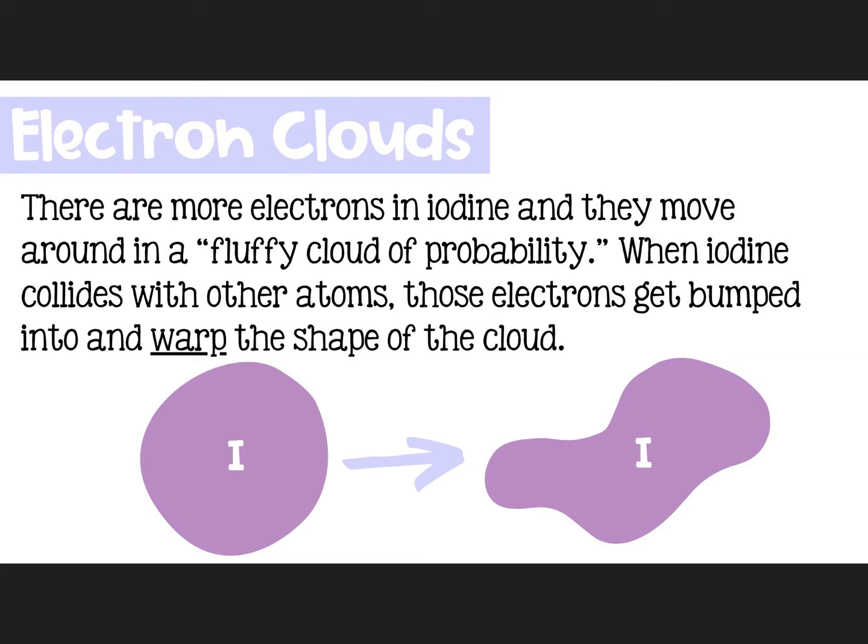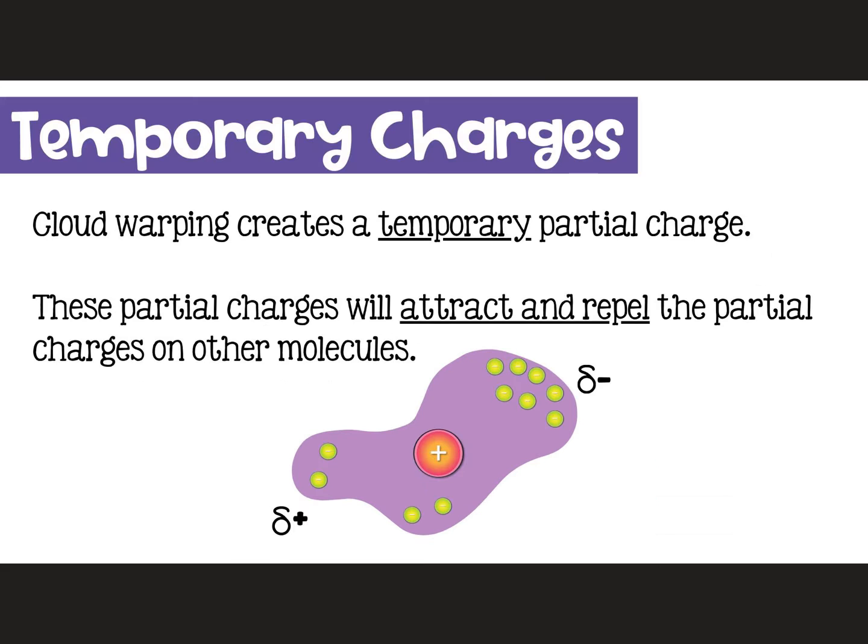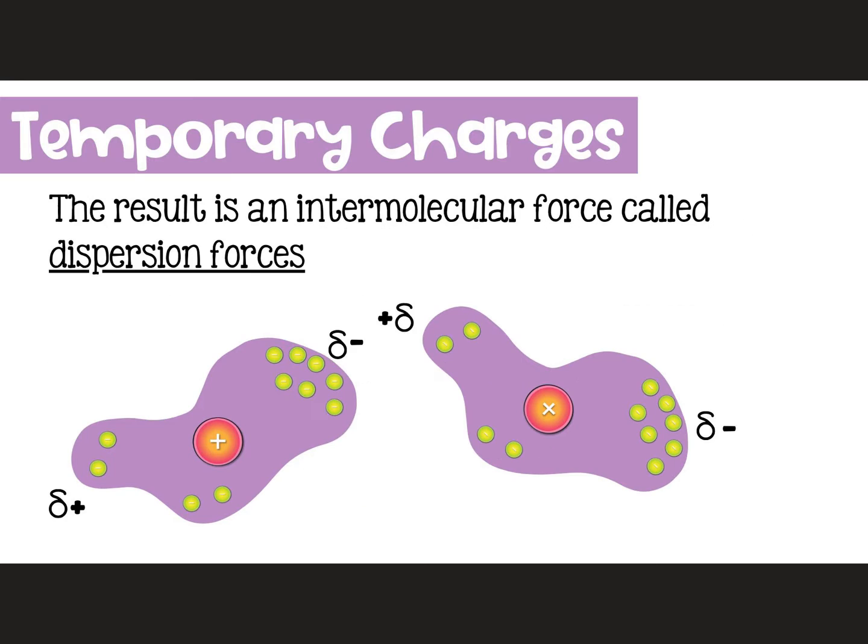When iodine collides with other atoms, these electrons get bumped into and warp the shape of the cloud. Cloud warping will create a temporary partial charge. These partial charges will attract and repel the partial charges on the other molecules. The result is an intermolecular force called dispersion forces.